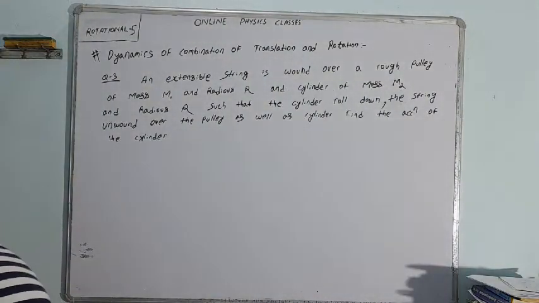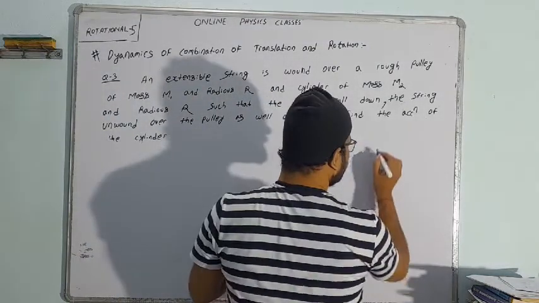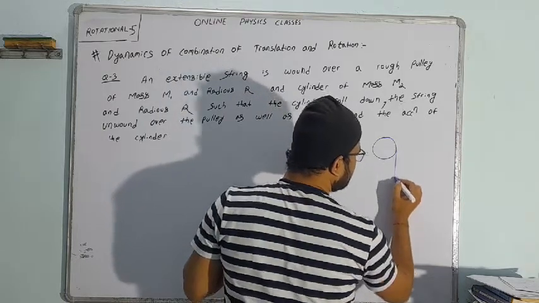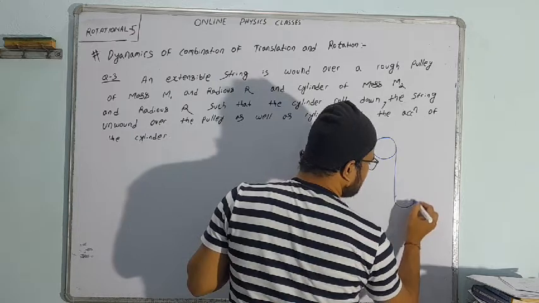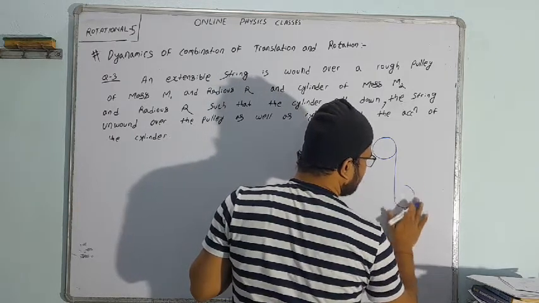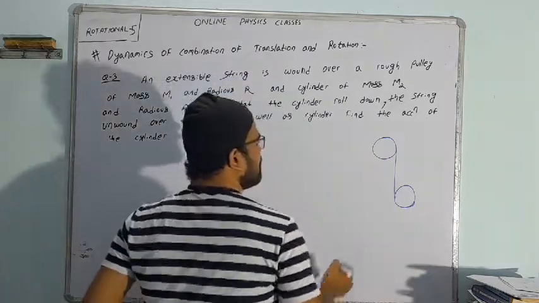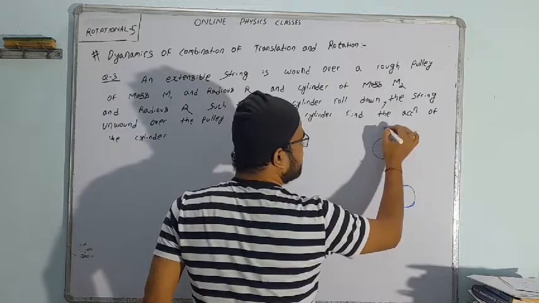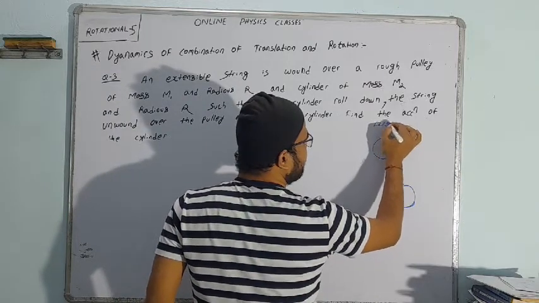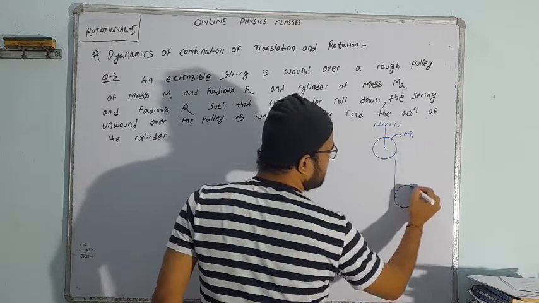The figure is, say, this is one pulley here of the same radius, and another cylinder is present here. So in this question, this is a pulley of mass m1 and this is a cylinder of mass m2.